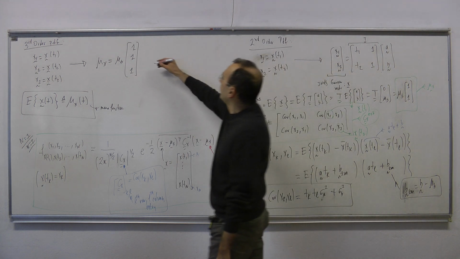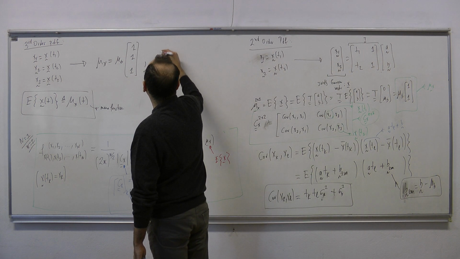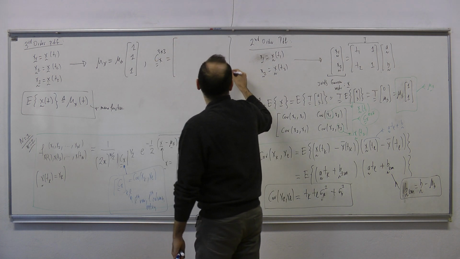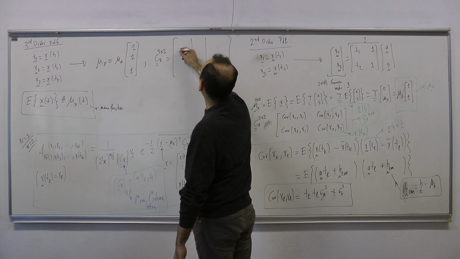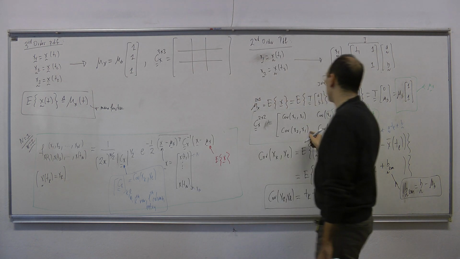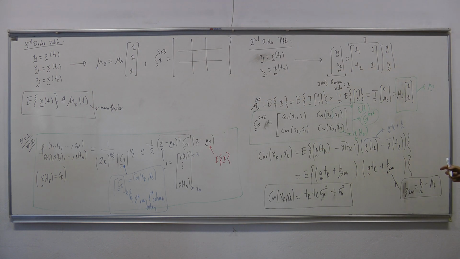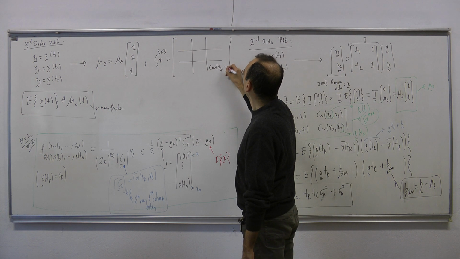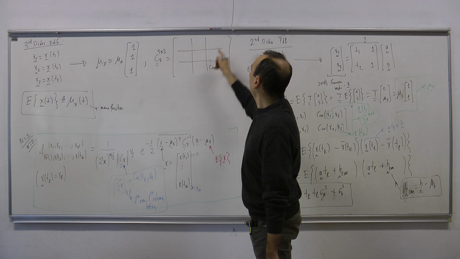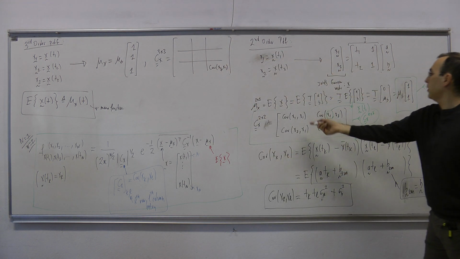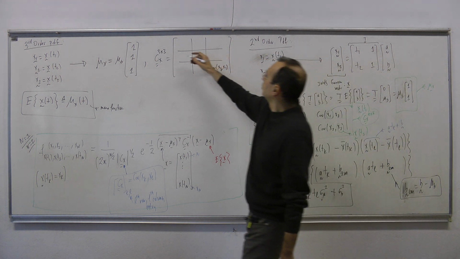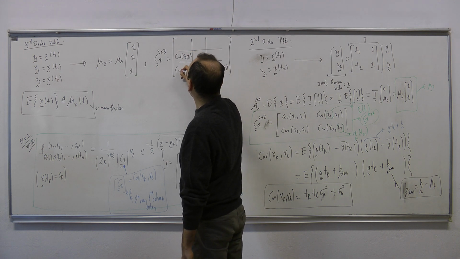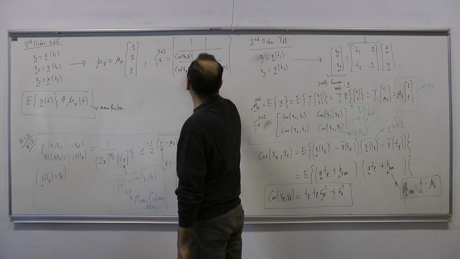Now what else? I need this 3 by 3 covariance matrix, but do I need to write it one more time? It is this one. The only difference is that I have a third row and third column. It is the same form. So let me write some part of it at least.